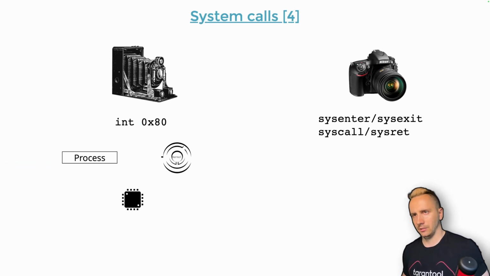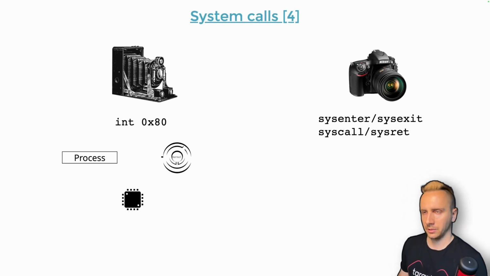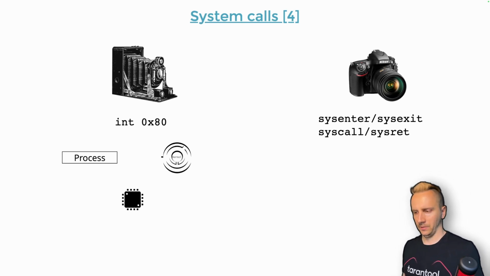And the kernel can register interrupt handlers for all the unique interrupt IDs. In this case, this number is 128. So this command will invoke interrupt number 128. And the kernel just has to register an interrupt handler on the interrupt 128. And it will treat this interrupt as a system call.